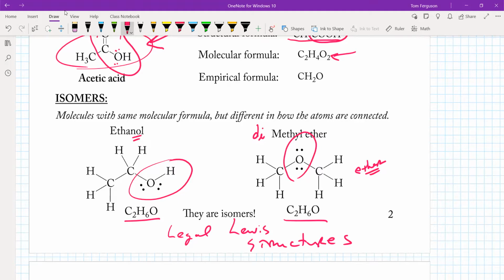Alcohols have an OL ending on them. Alcohols act chemically very different than ethers. So we would have these 2 alternate formulas, and we'd have to do some testing to figure out whether that is an alcohol or the ether version. Hence, they're called isomers. Same number of atoms, different structure. And again, these have to be legal structures.